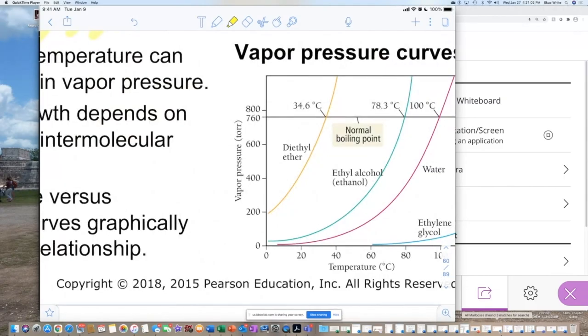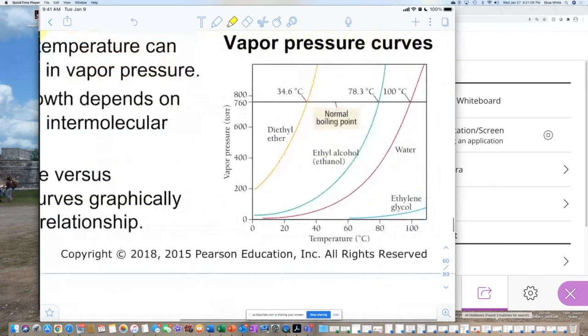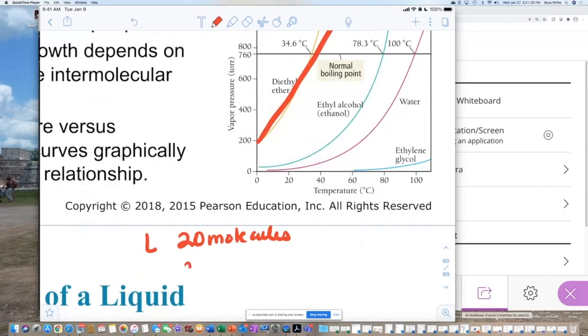So this is showing you here that the rate of escaping is not even linear. That means that when you increase the temperature, it's not a linear relationship. That's what this graph is showing you here. Exponential graphs are different from linear graphs. If it was a straight line like this, that would mean that say you had a liquid releasing 20 molecules of gas, and this liquid was at room temperature, let's say 25 degrees Celsius.